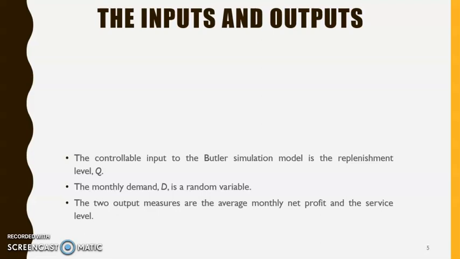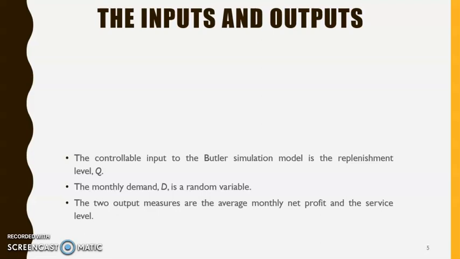But the number of standard bags and the number of deluxe bags being manufactured were controllable, and we called controllable variables decision variables and the other ones inputs.